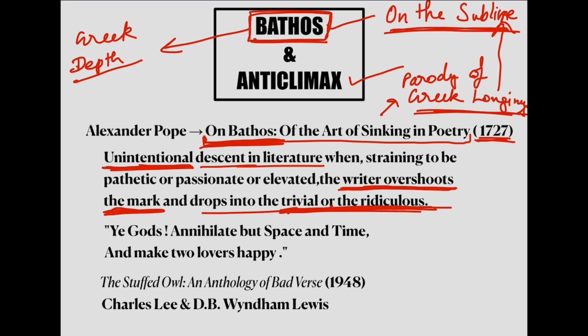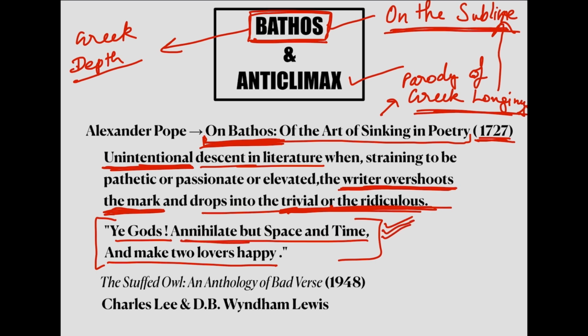There is an example of bathos where we can understand it properly. Ye gods, annihilate but space and time and make two lovers happy. Here he is speaking very sublime, very lofty, very high language.